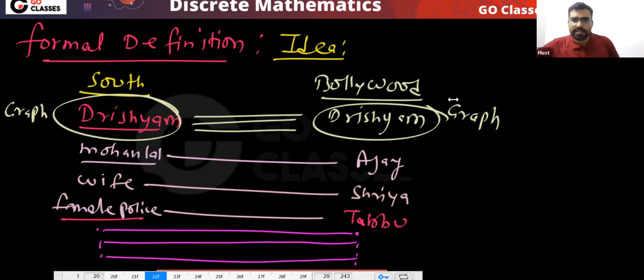So this is the idea, that these two movies are isomorphic because this graph and this graph are isomorphic, because there is a correspondence between the vertices of this graph and the vertices of that graph. There is a one-to-one bijection.